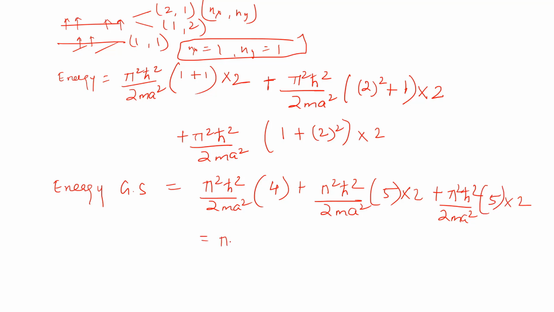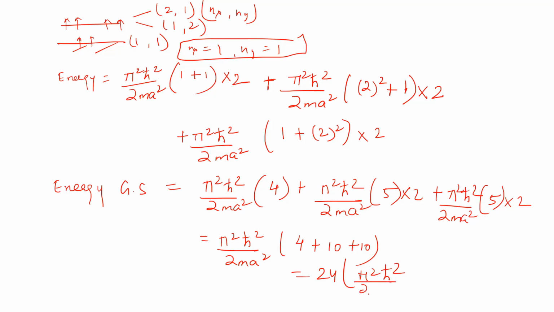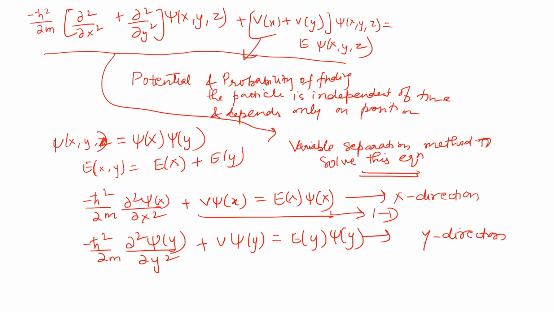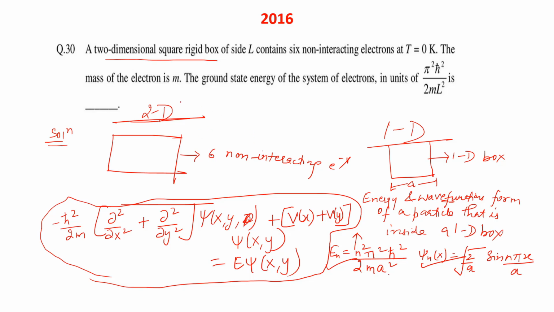So pi square h cross square upon 2ma square times 4 plus 10 plus 10, which equals 24. Since this pi square h cross square upon 2ma square is already given in the question, the answer is 24.